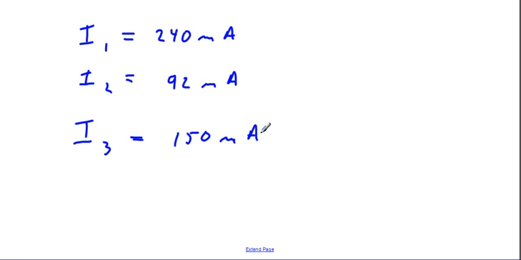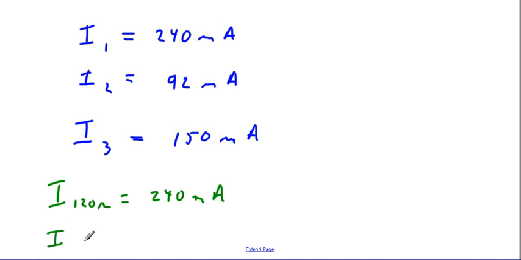Okay, was that what we're supposed to have done? What we were supposed to have done? Determine, no, that's the wrong one. Okay, calculate the currents through each resistor. So now I got to write down the answer. The current through the 120 ohm resistor is 240 milliamps.